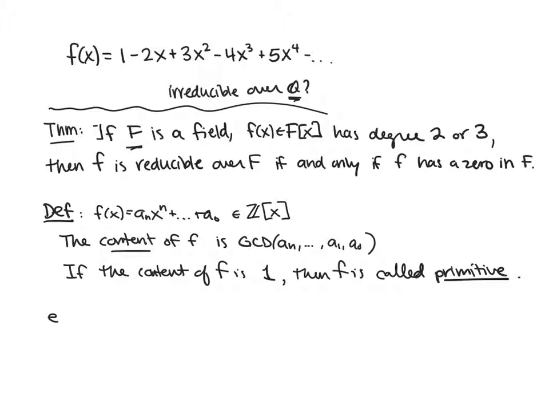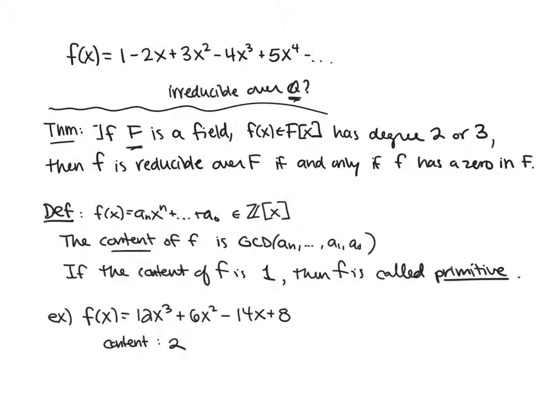All right, so just as an example, if we take a function 12x^3 + 6x^2 - 14x + 8, the content of f here would be 2, because we can factor out a 2 from every coefficient, and that's the greatest factor that we have.